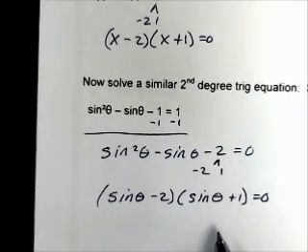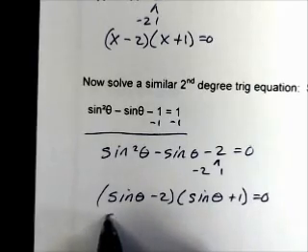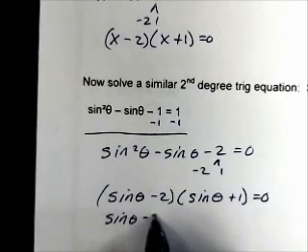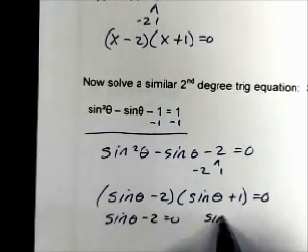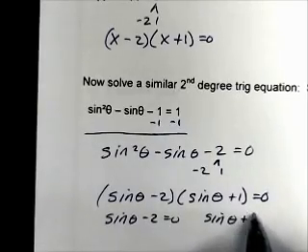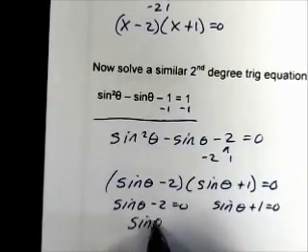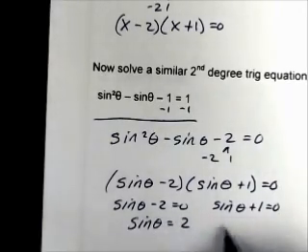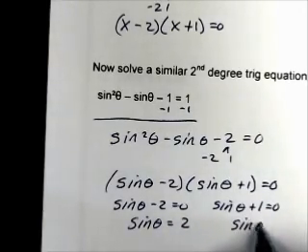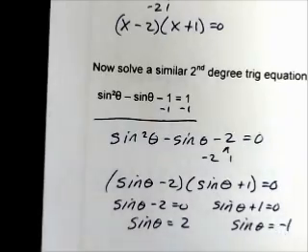Set each equal to 0. I think I'll show that part. And then solve. So sine theta is equal to 2 and sine theta is equal to -1.